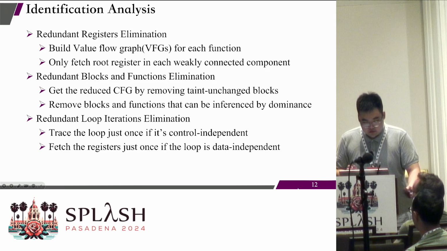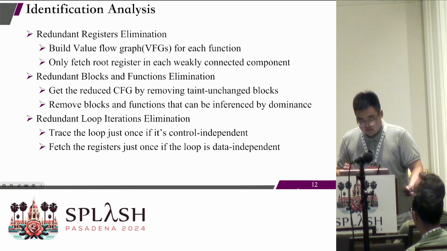In the first optimization, redundant registers elimination, we built a value flow graph for each function, and we will only fetch the root register in each weakly connected component of the graph, and other register values could be inferred from the fetched register. The second optimization is redundant blocks and functions elimination.